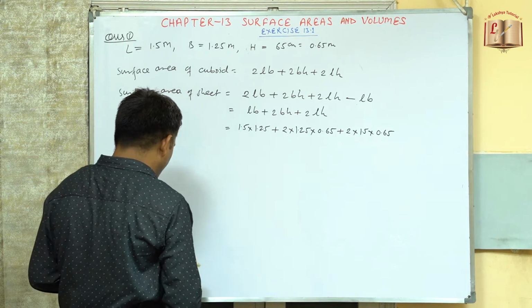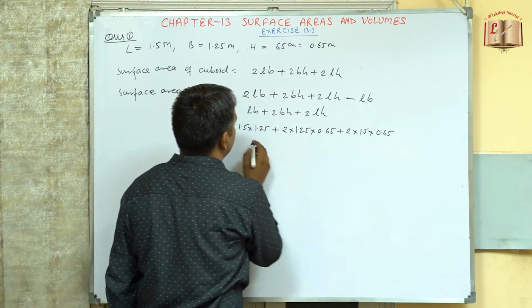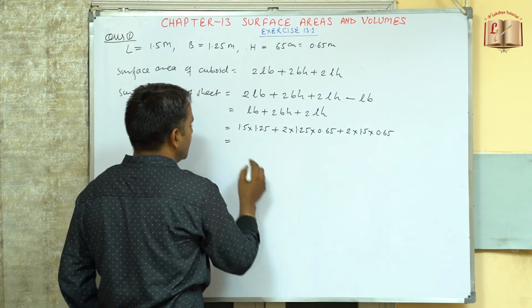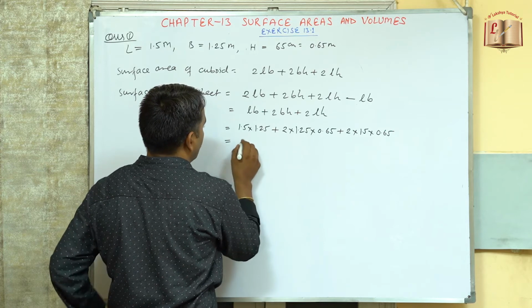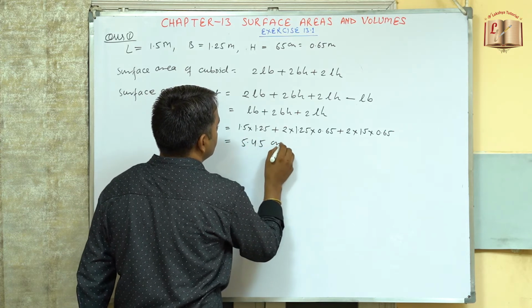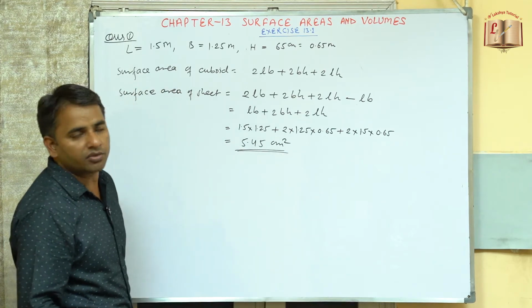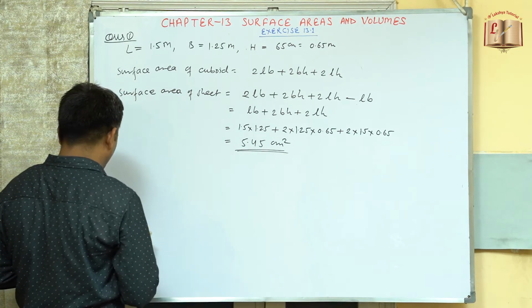So now we can multiply all this, and on simplification this will be equal to 5.45 meter square. So this is the area of the cuboid without the top.